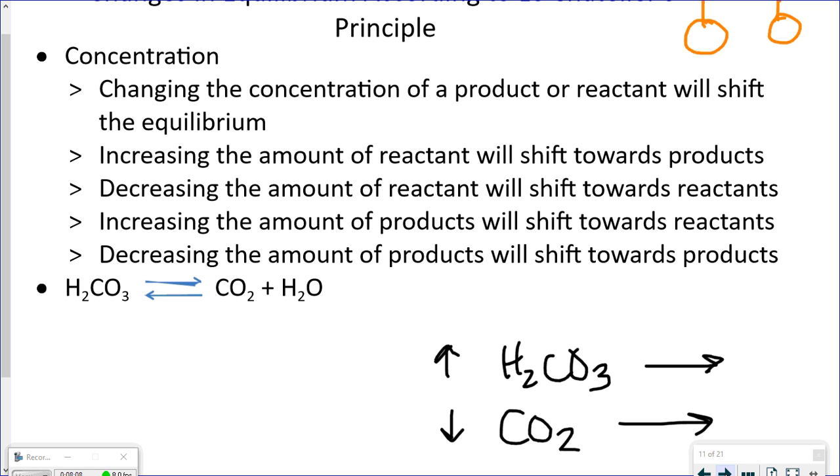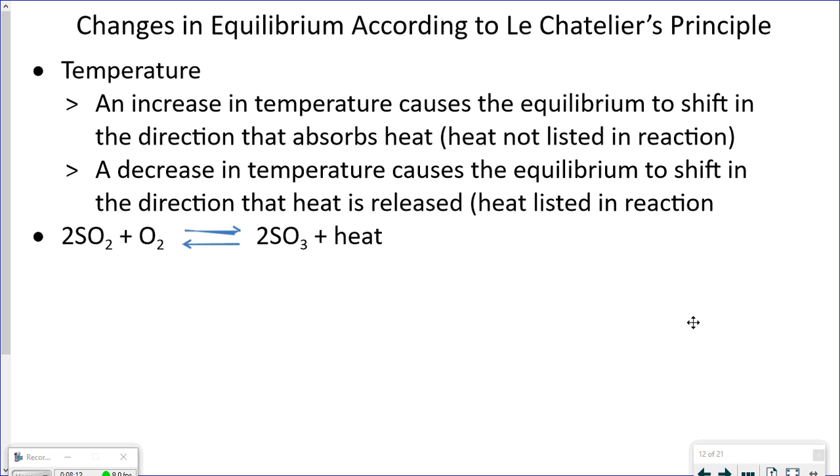This same trend is true if our stress is a change in temperature. So an increase in temperature will cause equilibrium to shift in the direction that absorbs heat, the side where heat is not listed in the reaction.